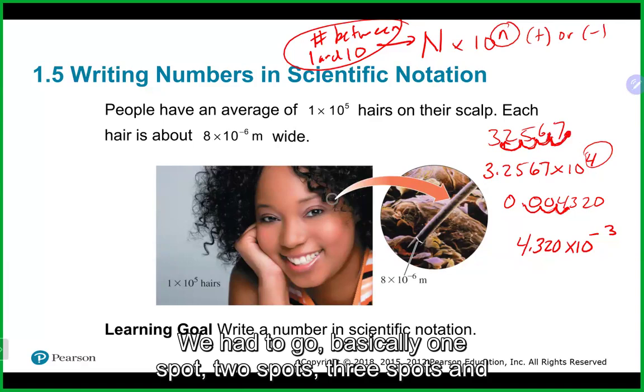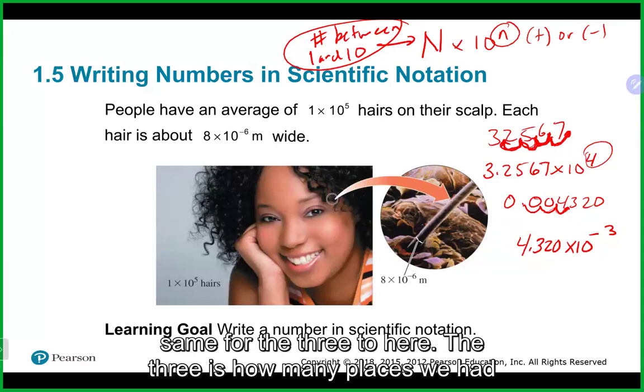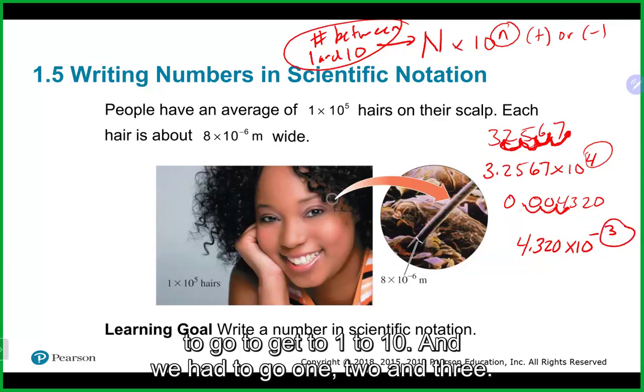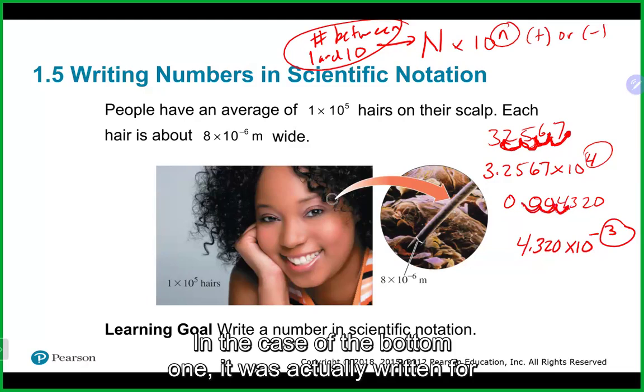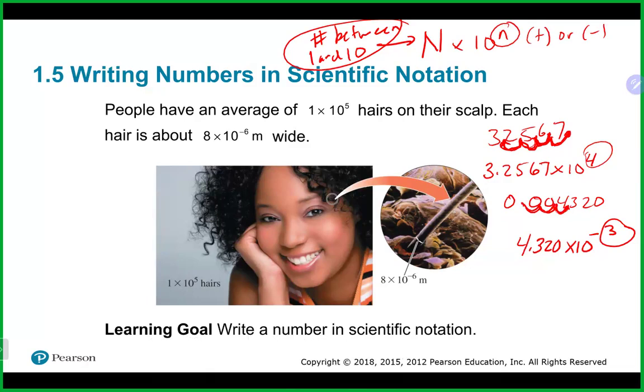We had to go 1 spot, 2 spots, 3 spots, and 4 spots to get to that number between 1 and 10. And it's the same for the 3 here. The 3 is how many places we had to go to get to 1 to 10, and we had to go 1, 2, and 3. In the case of the bottom one, it was written for us, so we knew exactly which way we had to move it. Yeah. Other questions?